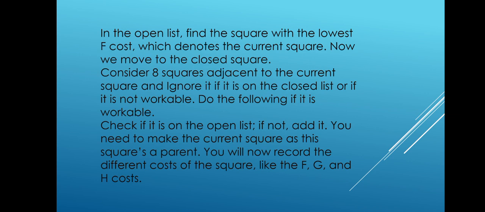Check if it is on the open list. If not, add it. You need to make the current square the square's parent. You will now record the different costs of the square, like the f, g and h costs.